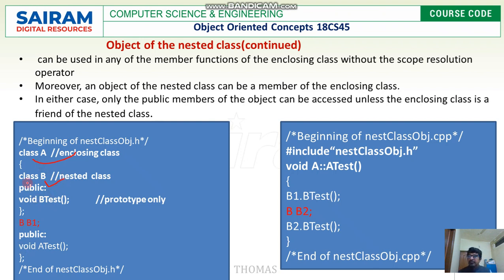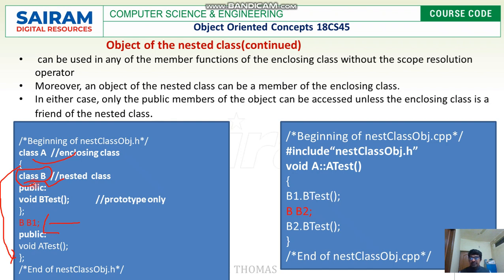We have a class A which starts here and ends here. We have a class B. Inside the enclosing class, we have created an object of the nested class. Look at this. So this is the meaning.